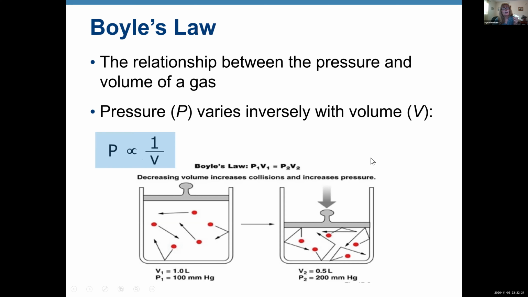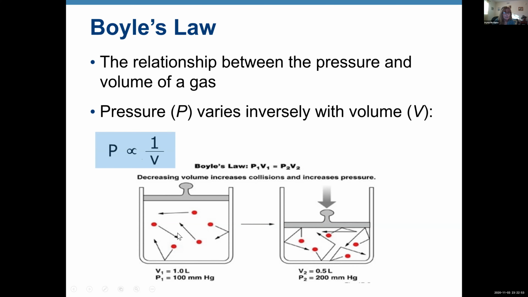Now, what is the relationship? We just said when volume changes, pressure changes, but is it directly proportional or inversely proportional? What Boyle's law tells us is that it's inversely proportional. If you look at this diagram over here, imagine you have a container with a volume of 1 liter, and you have a certain amount of gas in it.